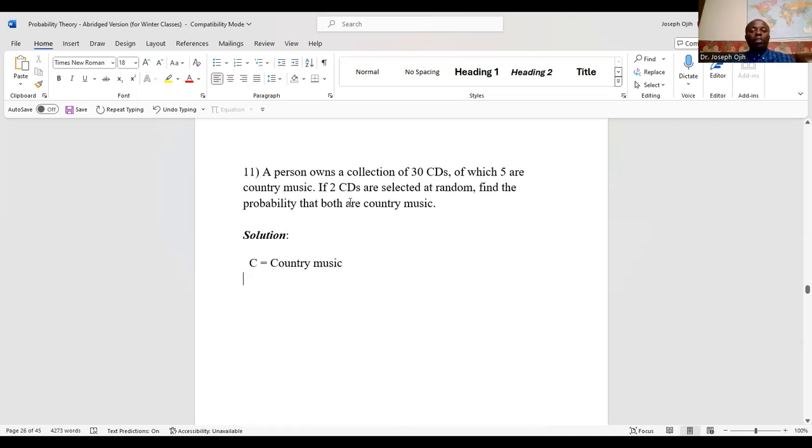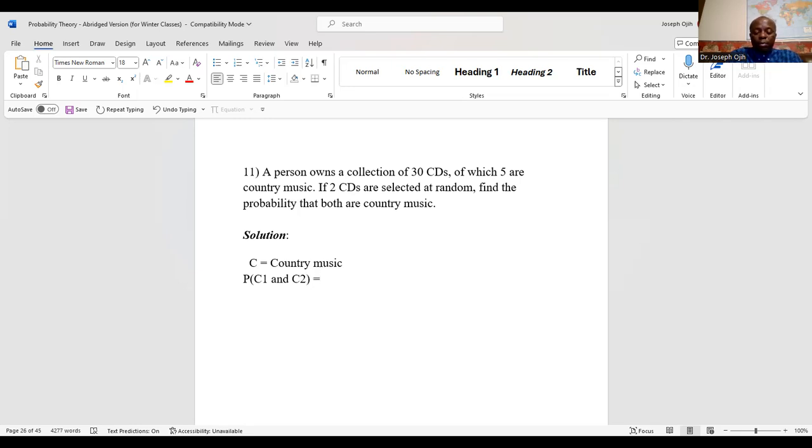So you select the first CD, country music, second CD, country music. We're looking for the probability that C1, the first CD, is country music, and the second CD, C2, is also country music.